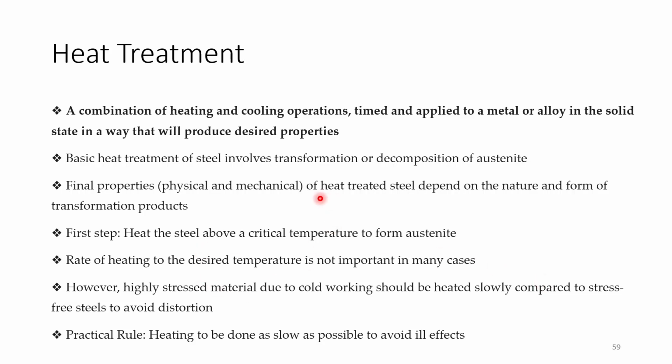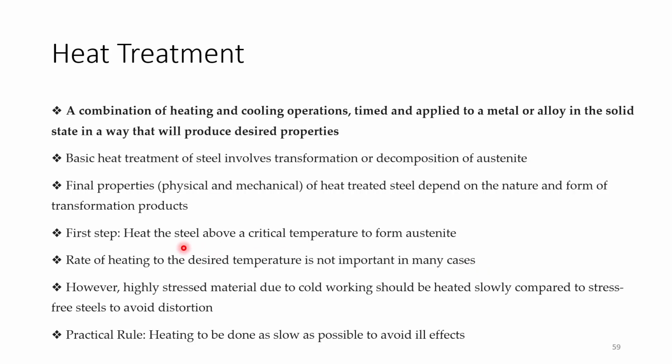The final properties, physical and mechanical, of heat treated steel depend on the nature and form of the transformation products. First step is to heat the steel above a critical temperature to form austenite. Then the rate of heating to the desired temperature is not important in many cases.